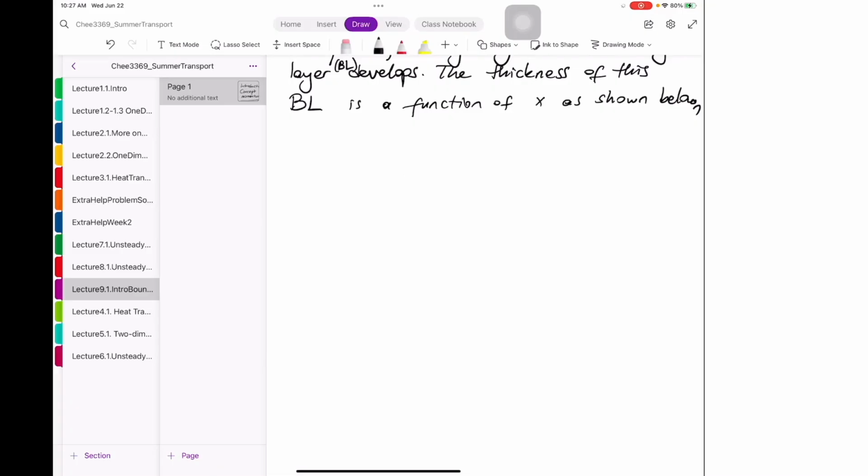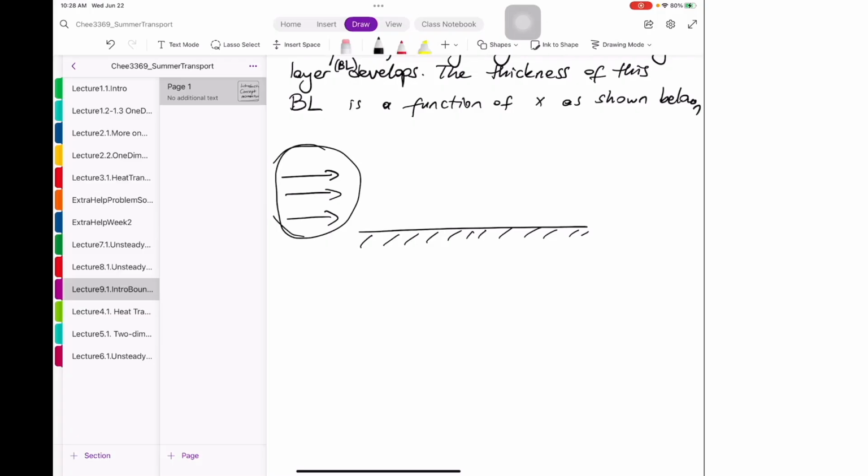Let's show it. So we have the same system. We have this plate at temperature T wall, or maybe let's forget about the temperature for the time being. Let's focus on the momentum transfer. And this air or fluid is flowing, and then this is the initial velocity profile. But then, once it contacts with the solid, at the surface, you're going to have a zero velocity.